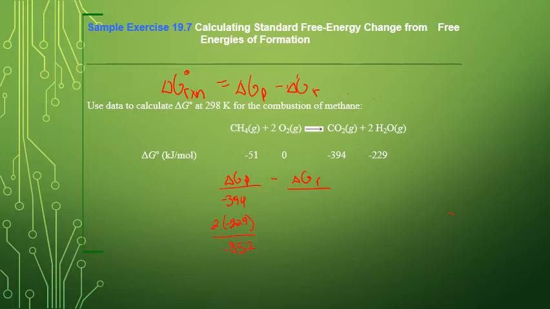And then for my reactants, I would have negative 51 and 0 times 2, so I'd have a negative 51. So I could take negative 852 minus a negative 51, so that's plus 51. That would leave me with a delta G value of negative 801 kilojoules per mole of reaction.